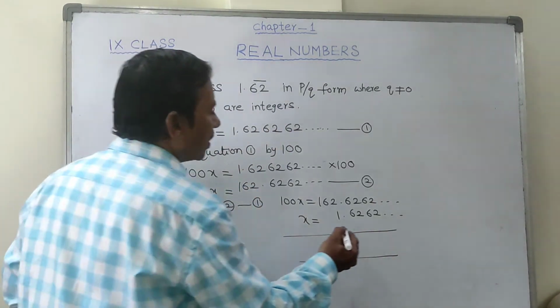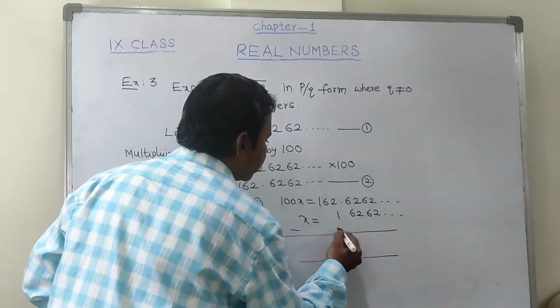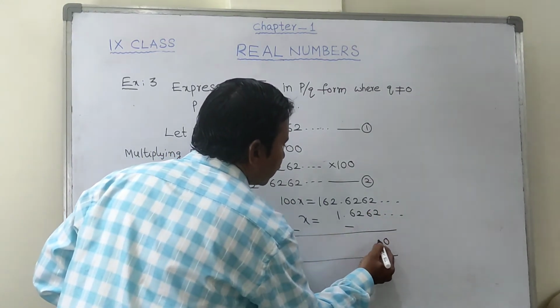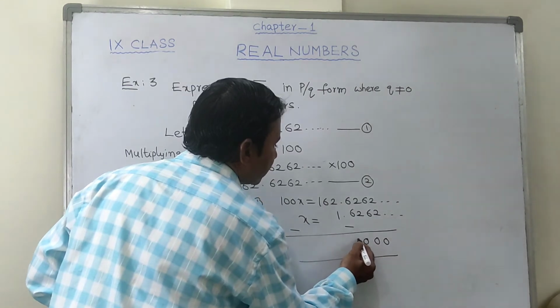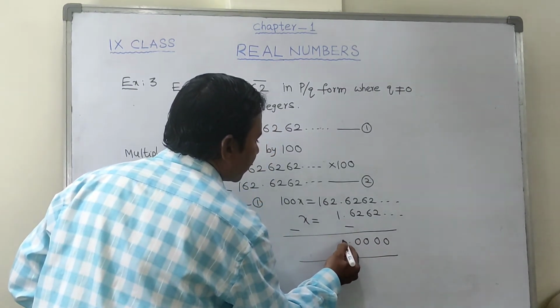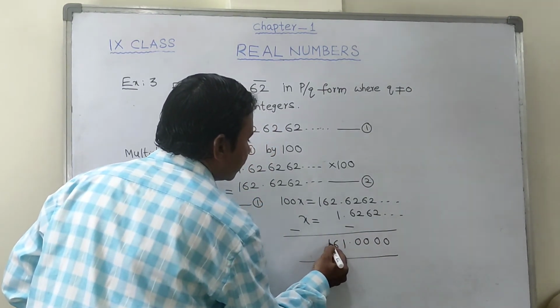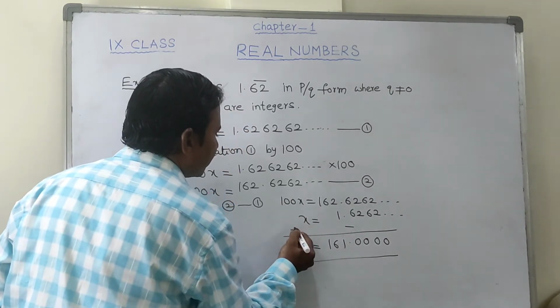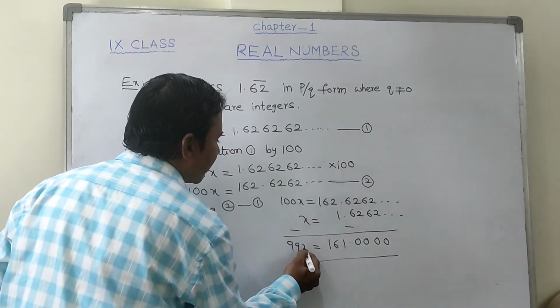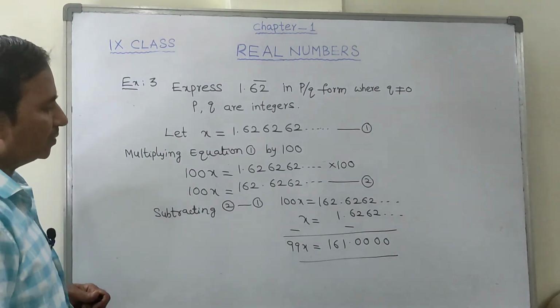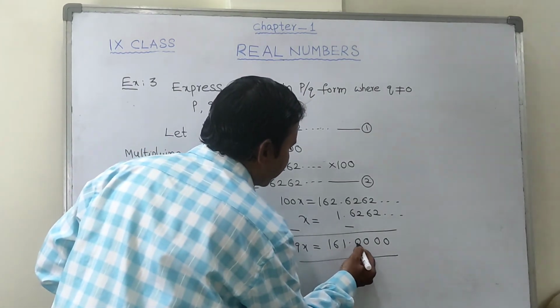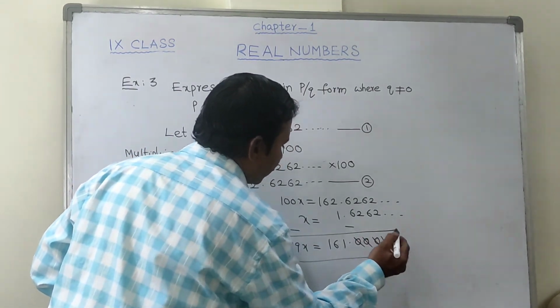If you subtract these two, getting 0 here, 0, 0, 0, 0.161, isn't it? 100 minus 1 means it becomes 99x on the left hand side. Now after the point, if zeros are there, you can strike them off.